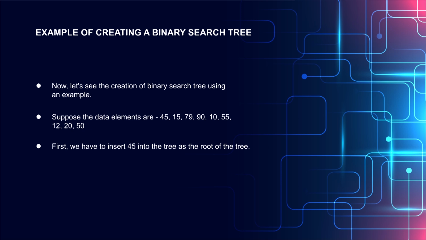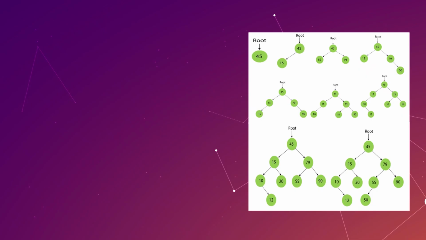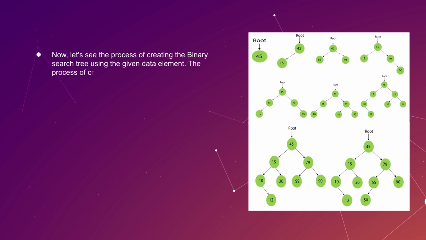The next element is 15. If it is smaller than the root node, insert it as the root of the left subtree and move to the next element. Otherwise, if the element is larger than the root node, then insert it as the root of the right subtree. Now, let us see the process of creating the binary search tree using the given data elements.